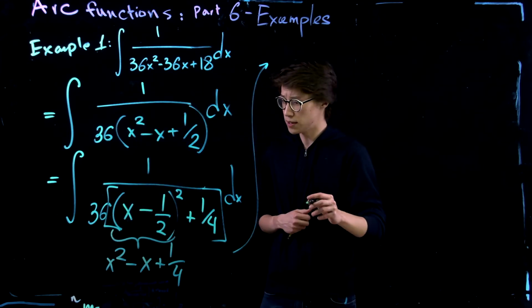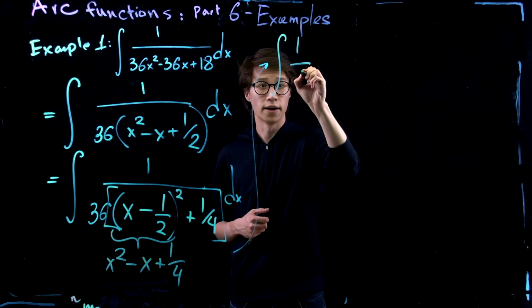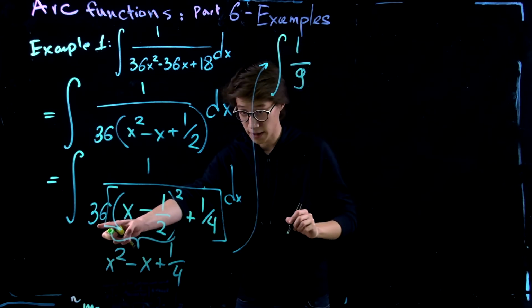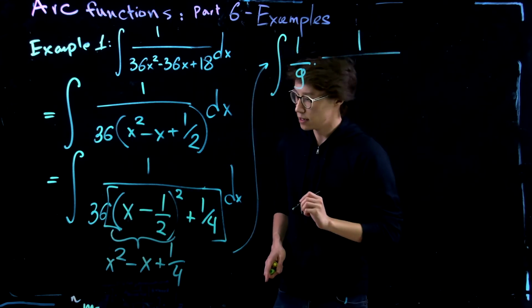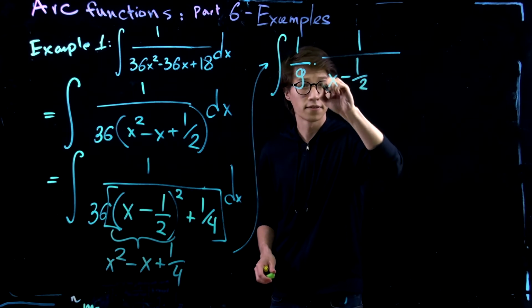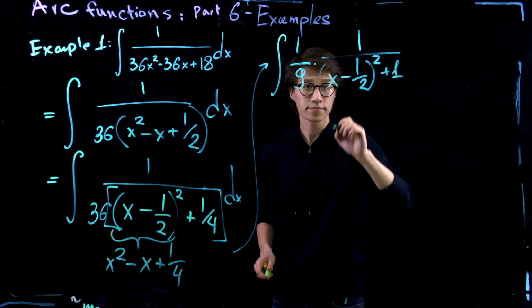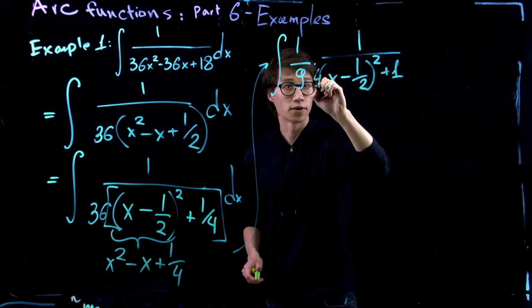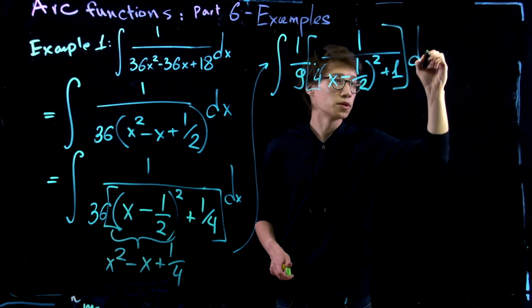So this would be an integral of 1 over 9. So this is the factor 36, but divided by 4, times the fraction of x minus half squared plus 1 over 4. Here's just the brackets for readability.